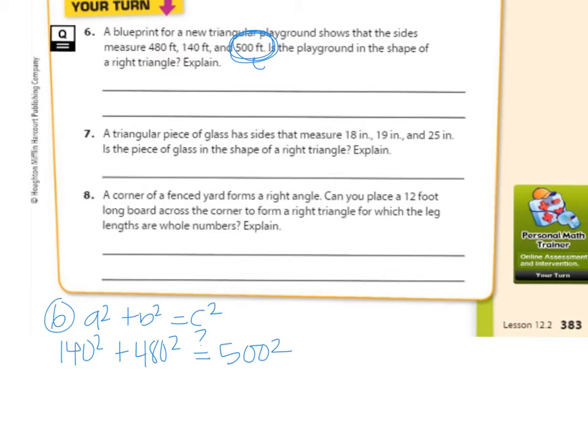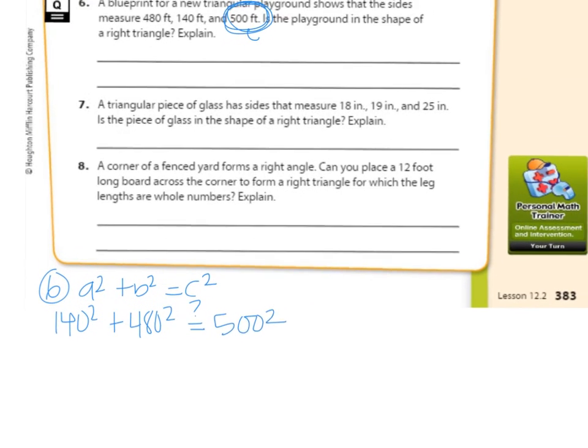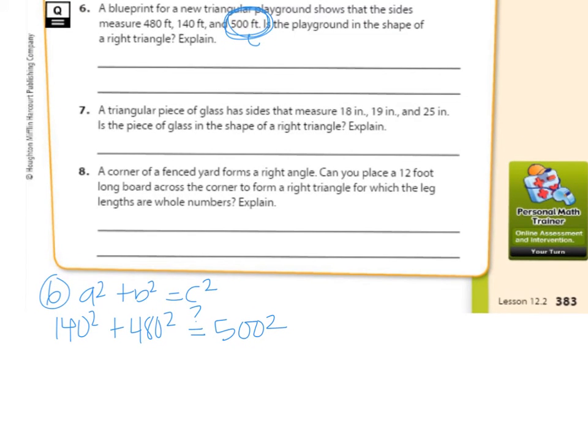Let me just scroll down a little bit. And so 140 squared, 140 times 140 is 19,600 plus 480 squared, which is 480 times 480, which is another giant number, 230,400. And we want to know, does that equal 500 squared? 500 times 500. That's a giant playground, which equals 250,000.